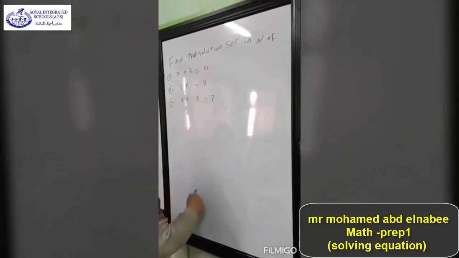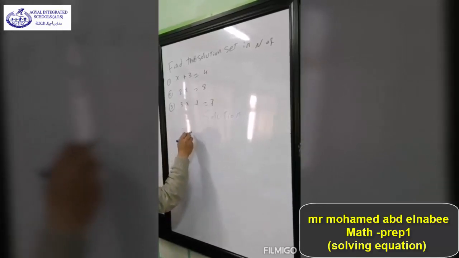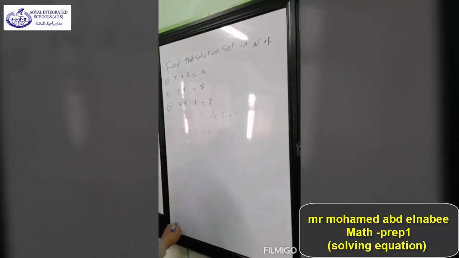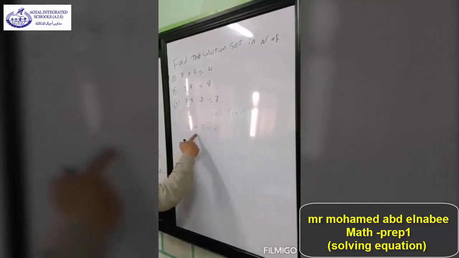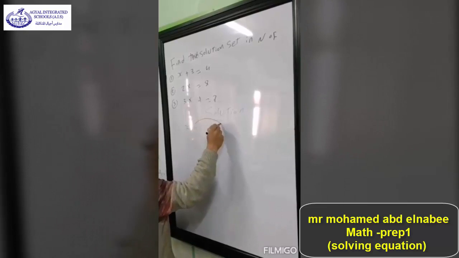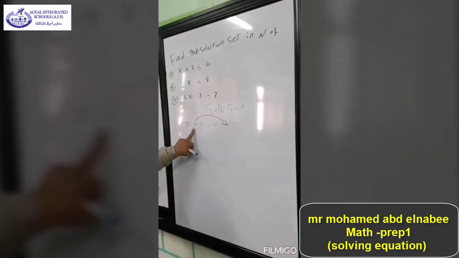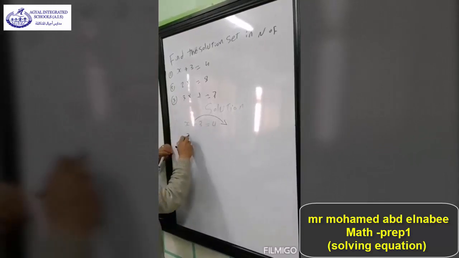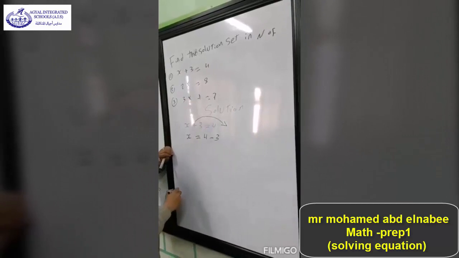So, to solve the first one, x plus 3 equal to 4, how do we find x? This is positive. Positive goes to the other side by the opposite operation. What is the opposite operation of plus? Yes, it's right, subtraction. So, it's 4 minus 3.